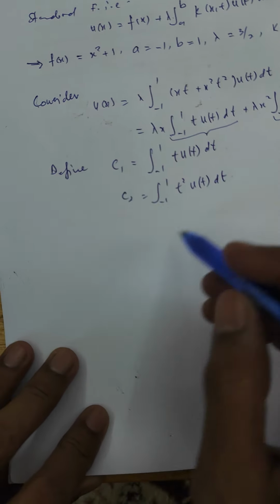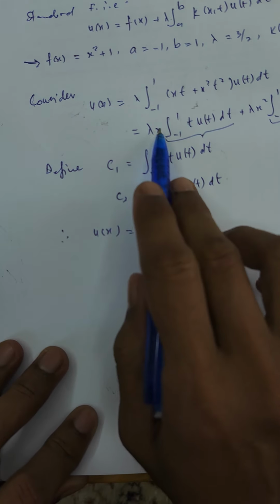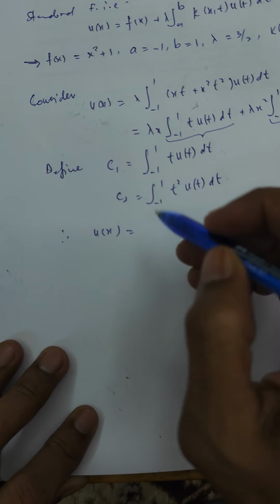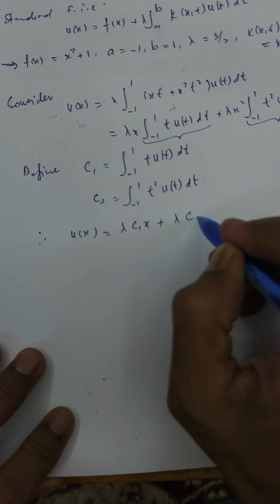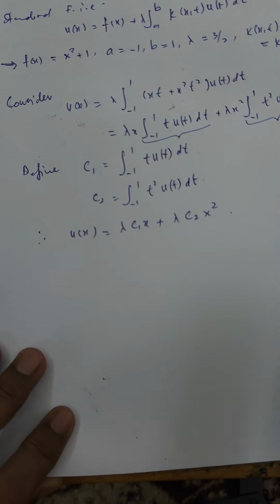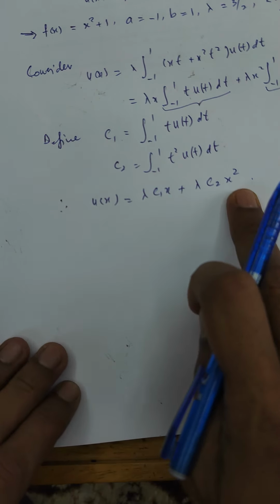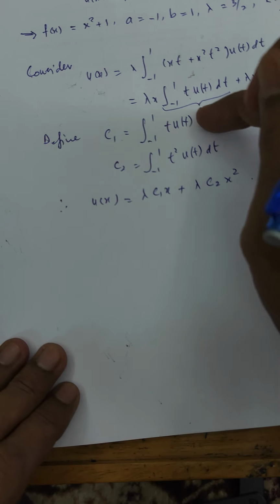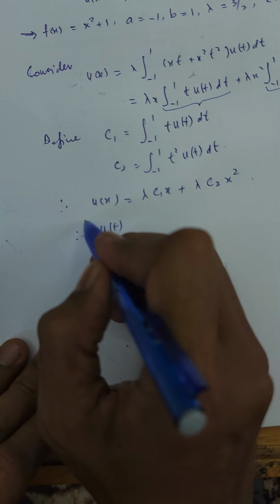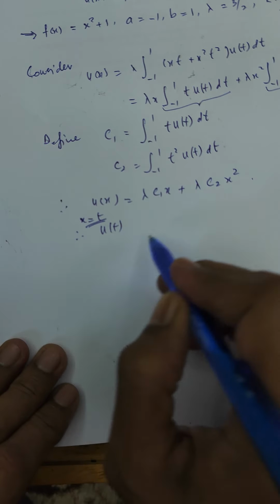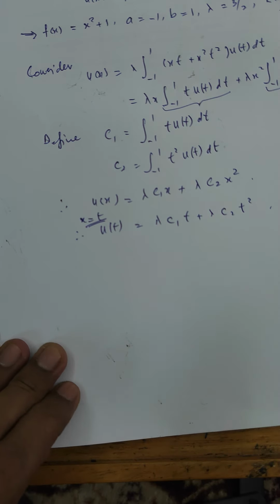Therefore we have u(x) equal to lambda C1 x plus lambda C2 x squared. Then we change x to t so that we can substitute: u(t) equals lambda C1 t plus lambda C2 t squared.